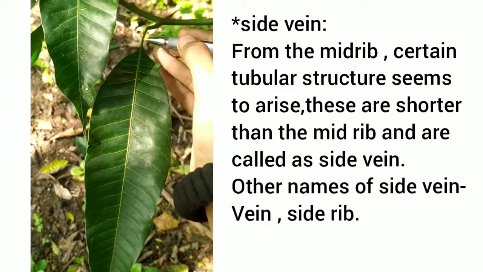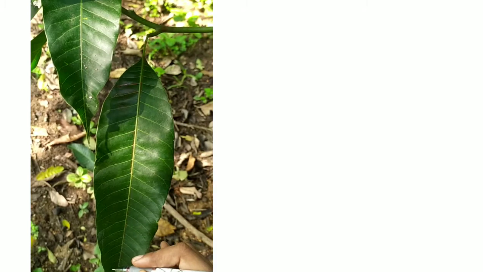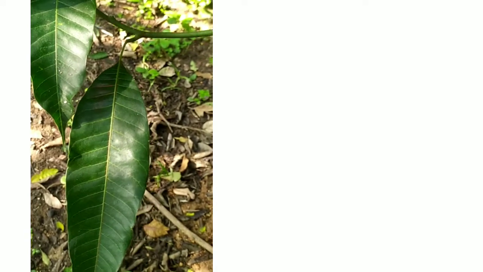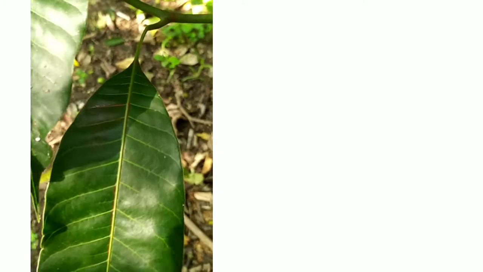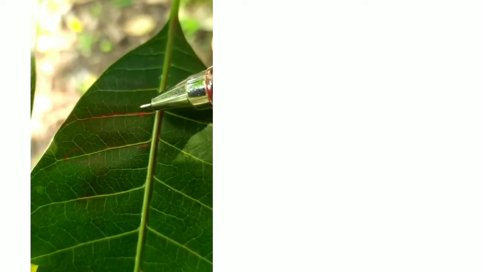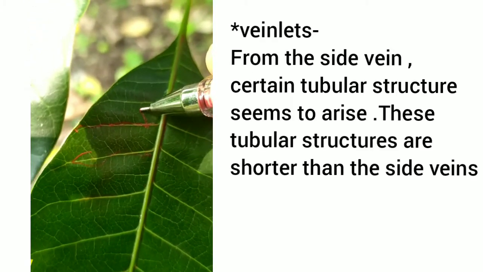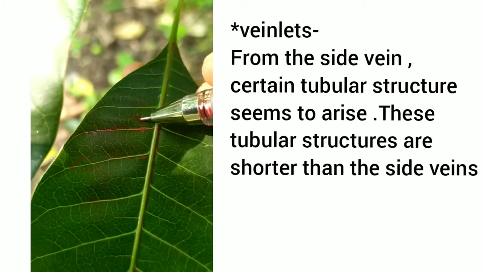The midrib is also known as the central vein, the mid vein, or the longest vein of the leaf, and the side rib is also called the side vein. If you again look closely, from the side vein or side rib, certain small tubular structures are arising. These are called veinlets.